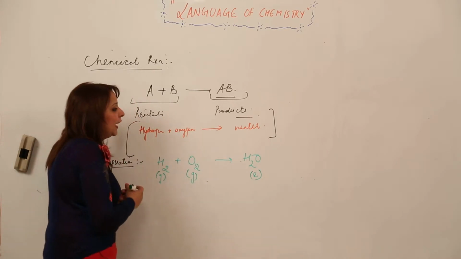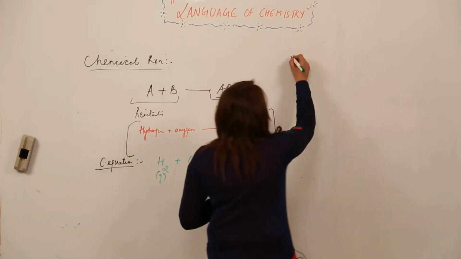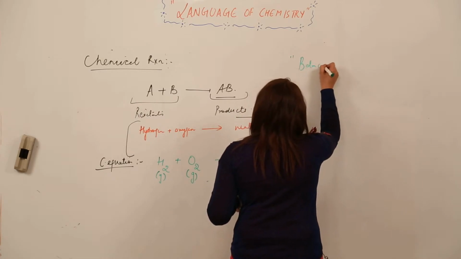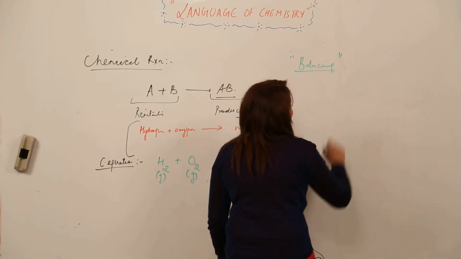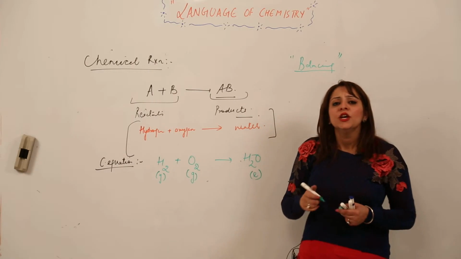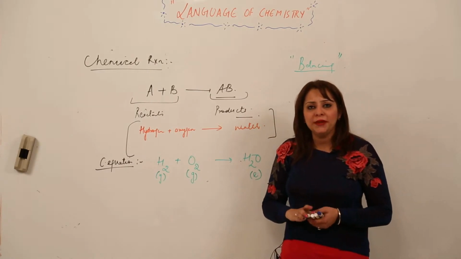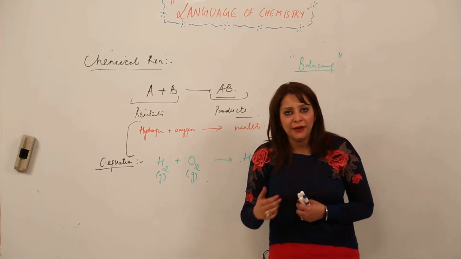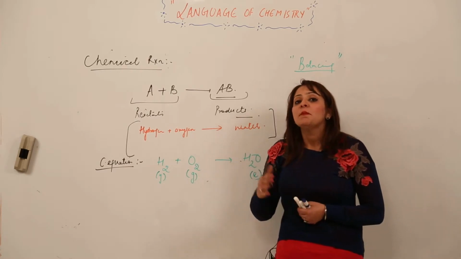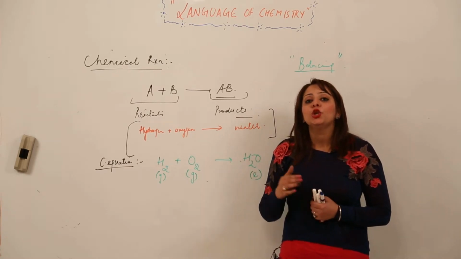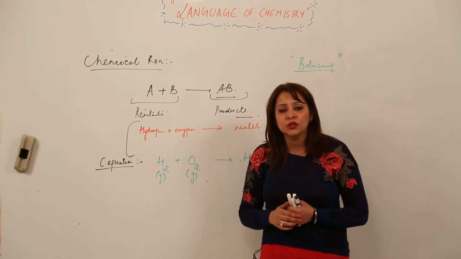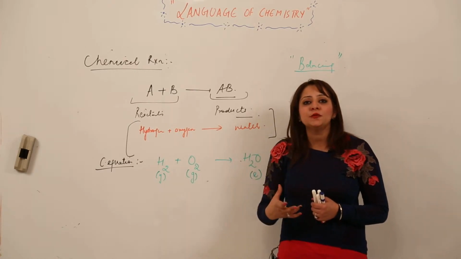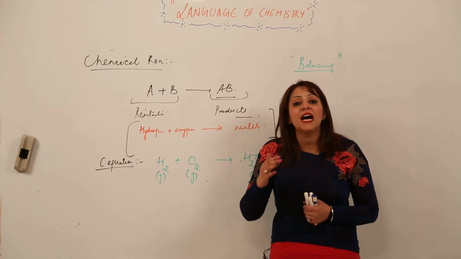Now before we do that, that means before we start with balancing, I want you to know why the balancing is done. And you all know, we did in the previous topic as well, there is a law of conservation of mass that is obeyed by matter. That means mass can neither be created nor be destroyed in a chemical reaction, though the form may change, but still the mass is going to remain unchanged.